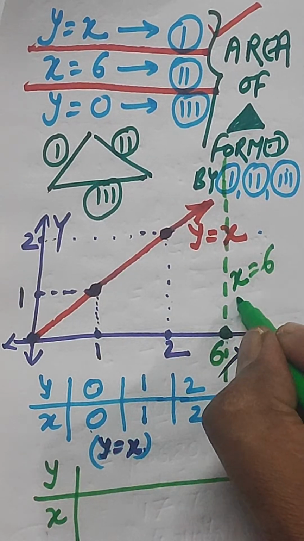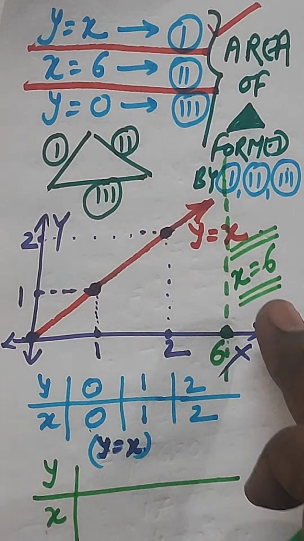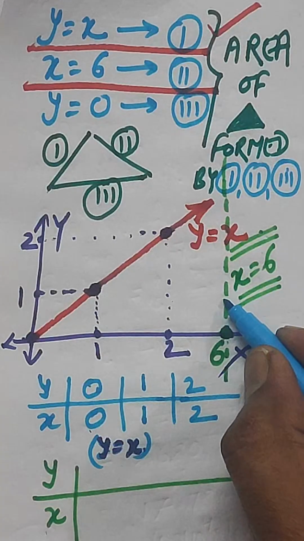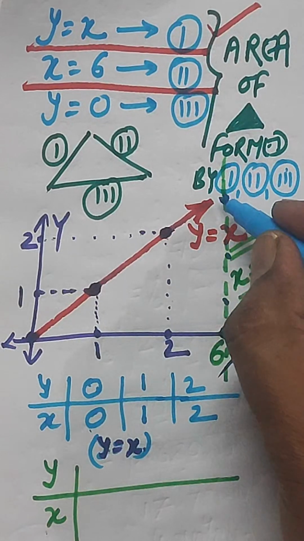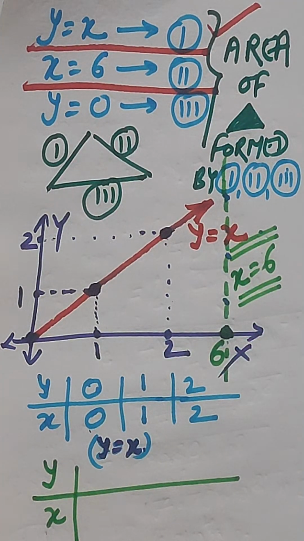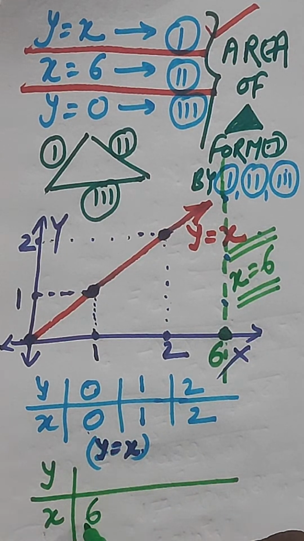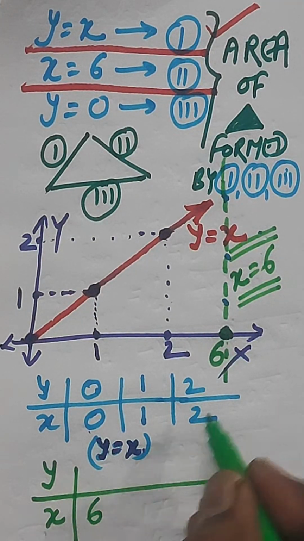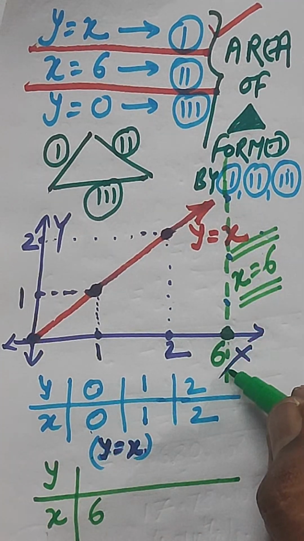Why I am showing you? Don't worry, don't panic. Okay, I am explaining. So x equal to 6, that means here you can see at this point, what is the value of x? 6 here, 6 here, 6. So all across this is 6, and here I am saying, for x equal to 6, y is anything, it varies. So this is the representation of x equal to 6, right?